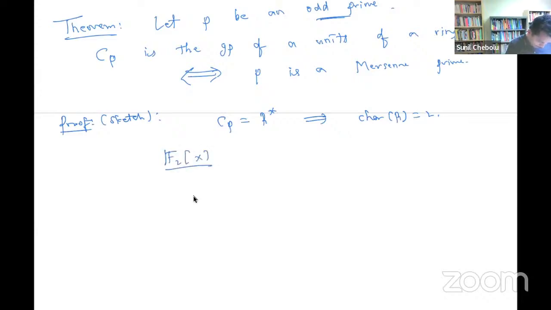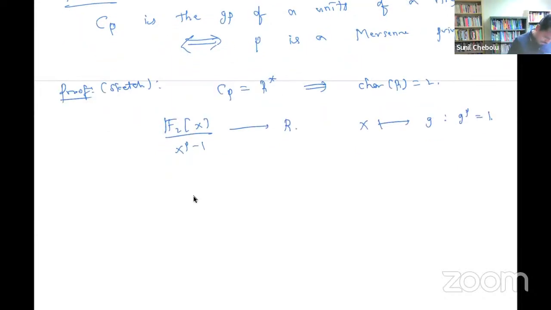So the characteristic has to be 2, which means, again, I can get a map like this. There is a natural map from F2[x] to R, where x goes to the generator g, which satisfies g to the P equal to 1. So then you have this quotient map right here. And this has an interesting factorization, the cyclotomic polynomial, x to the P minus 1.